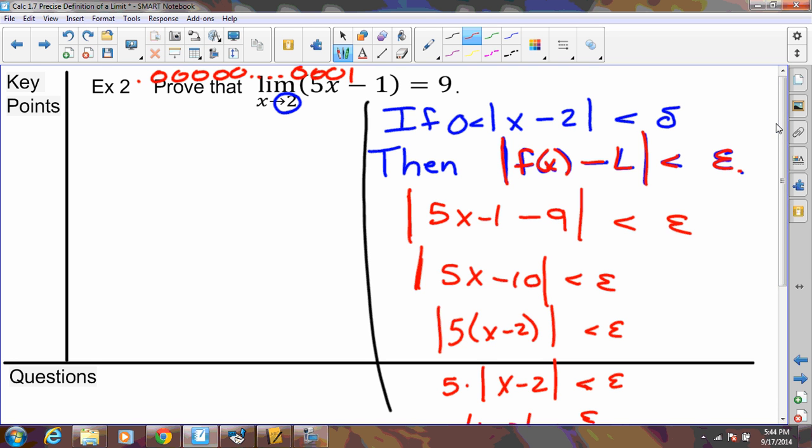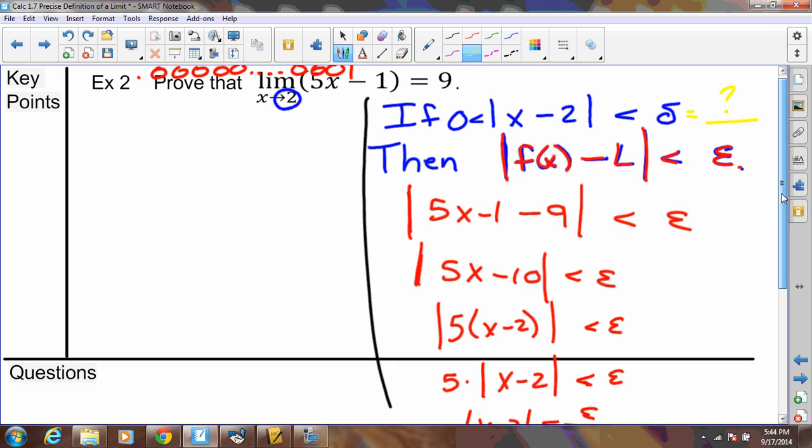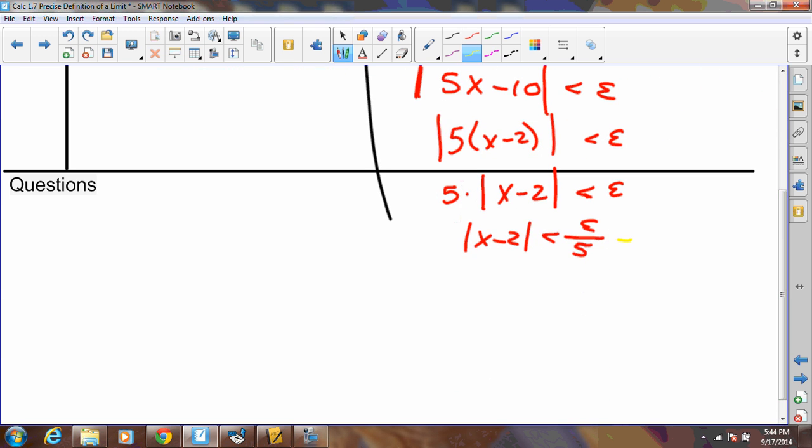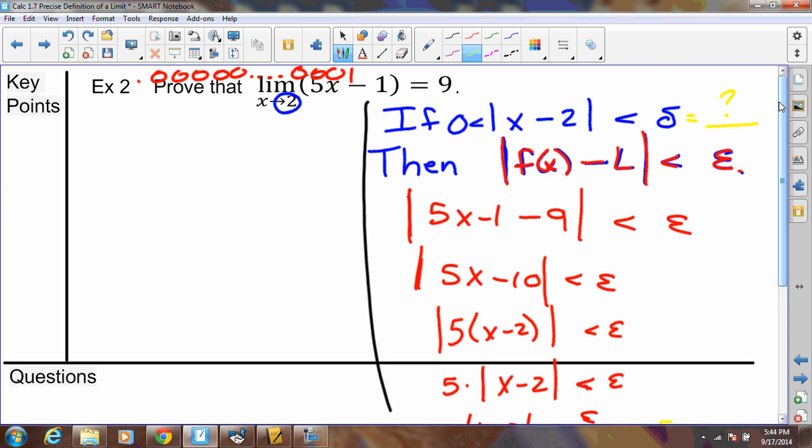We were trying to figure out what delta value we're supposed to have, because we don't know what delta is. Well, why don't we call that one delta? After working backwards, we can then say, let's take the delta that's equal to epsilon over 5.